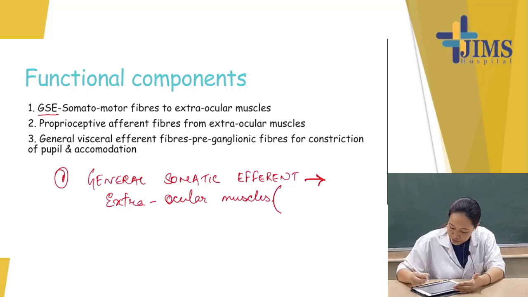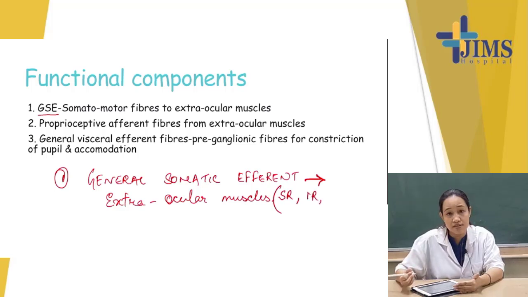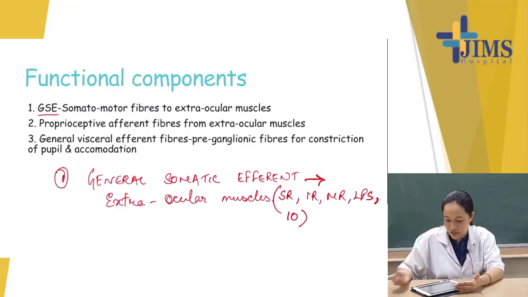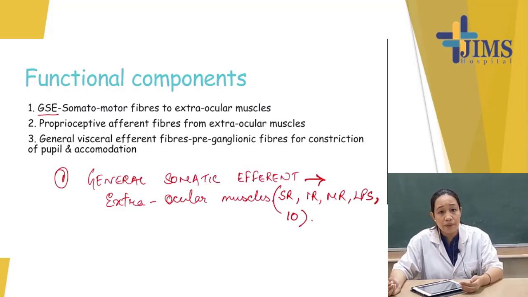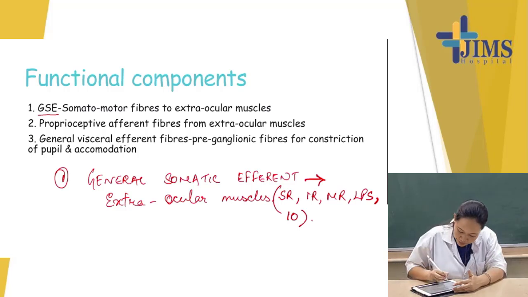So here we have the superior rectus, then we have the inferior rectus, then medial rectus, levator palpebrae superioris, then we have the inferior oblique. So these are the extraocular muscles supplied by the oculomotor nerve. So this is the general somatic efferent fiber.